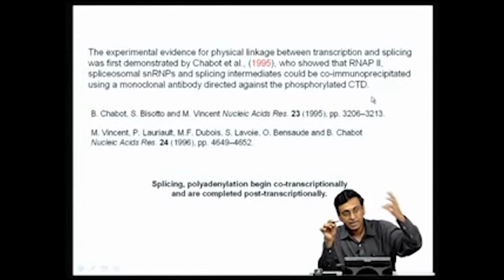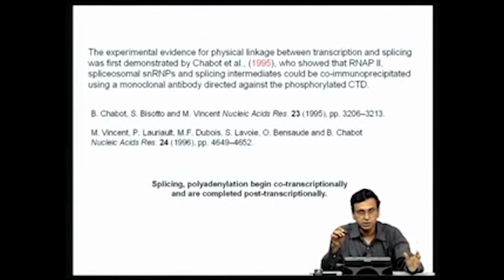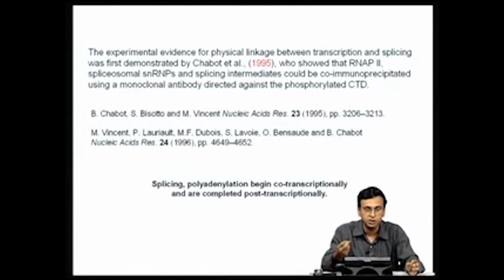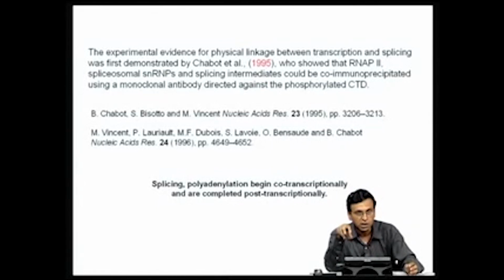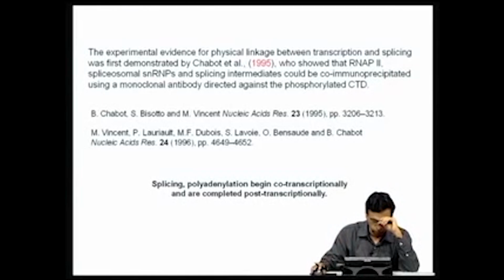So, if you take cell extracts which contain RNA polymerase II with its CTD and other factors, and you have an antibody specifically raised against the C-terminal domain of RNA polymerase II, and you do immunoprecipitation, not only does the RNA polymerase II CTD come down, along with that you can also pull down proteins involved in splicing, indicating that many of the proteins involved in splicing actually interact with the phosphorylated form of RNA polymerase II. So, these protein-protein interaction studies clearly demonstrated there is a link between splicing and RNA polymerase II.